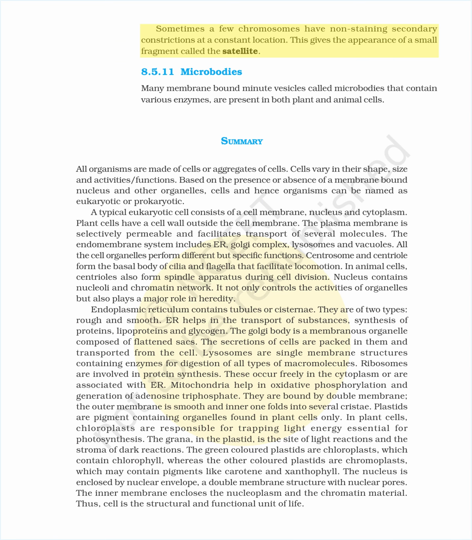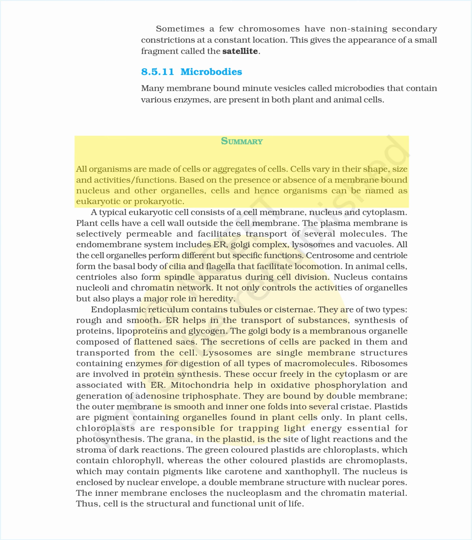Sometimes a few chromosomes have non-staining secondary constrictions at a constant location. This gives the appearance of a small fragment called the satellite. 8.5.11 Microbodies. Many membrane-bound minute vesicles called microbodies, that contain various enzymes, are present in both plant and animal cells.